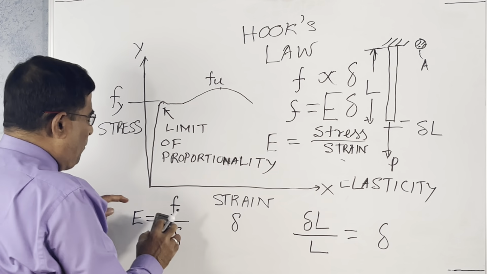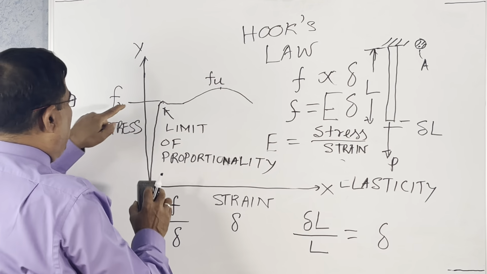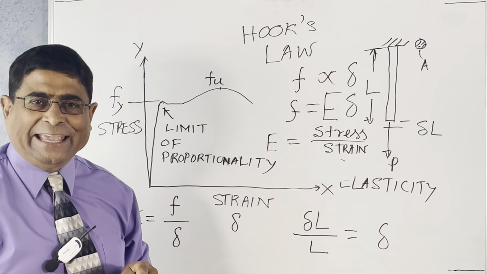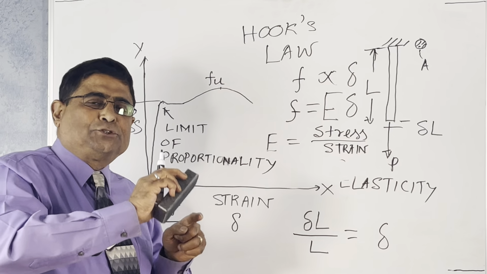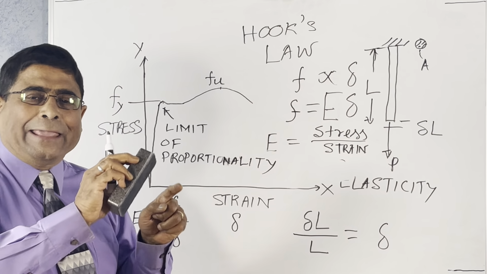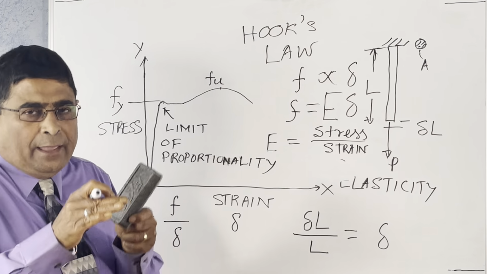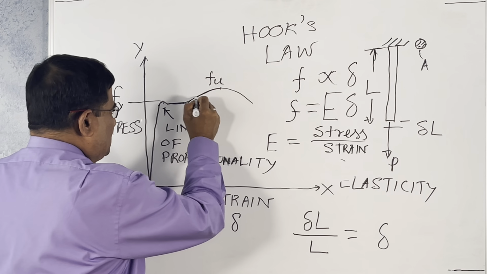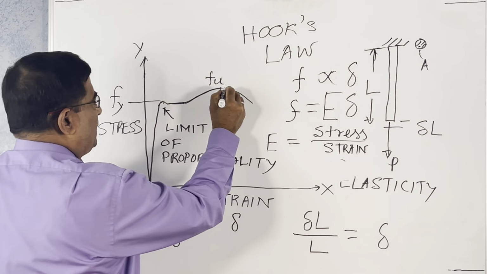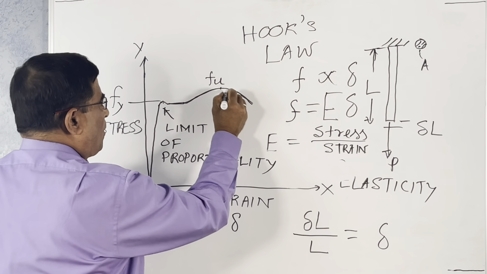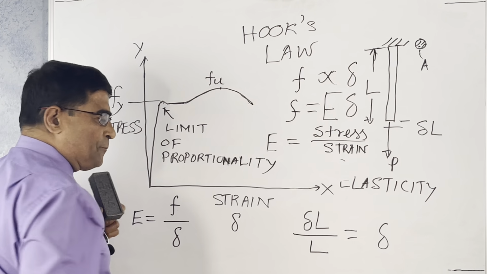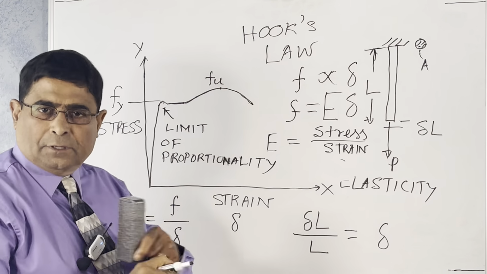So this follows Hooke's law. And what is Fy? Fy is the yield stress, at which point it is assumed the structure started to yield. That means it is giving away, and from here the plastic range starts. So this part is the plastic plateau. After that, this part is strain hardening, and after that it goes down and a neck is formed at this point, and here it breaks down. Okay, so this is the stress strain curve for a mild steel.